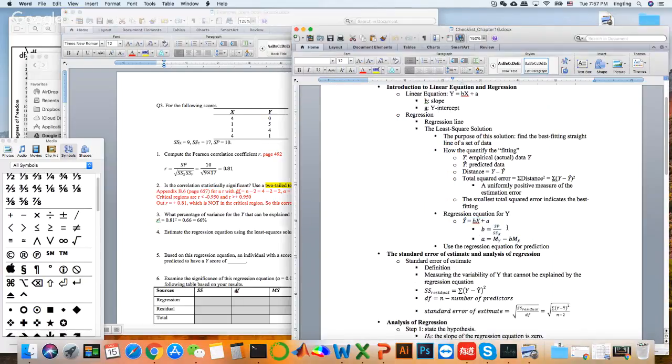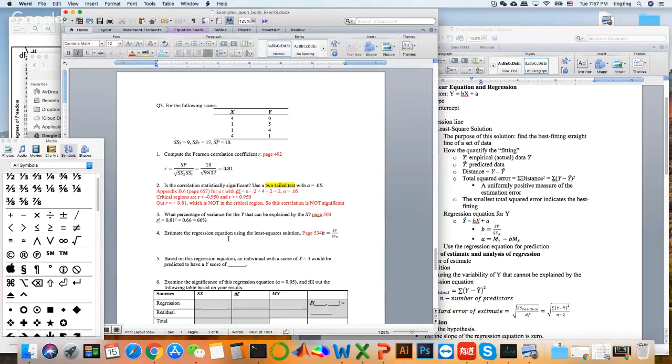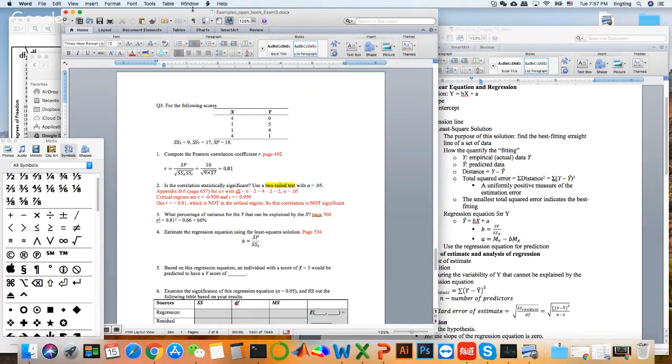First we compute b, right? For a linear equation, b is the slope. SP we know here, which is 10. SSX we also know here, which is 9. So the answer is 1.1.